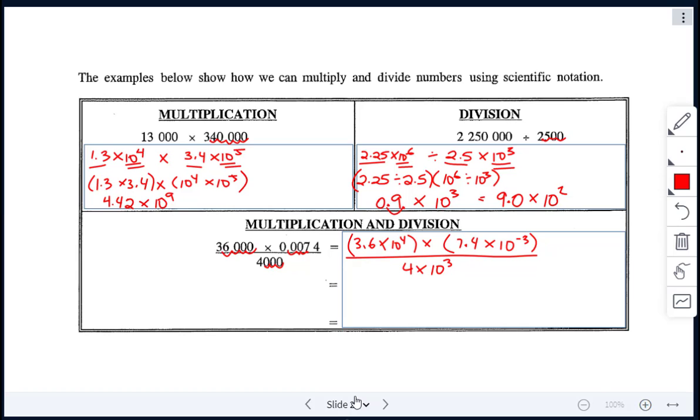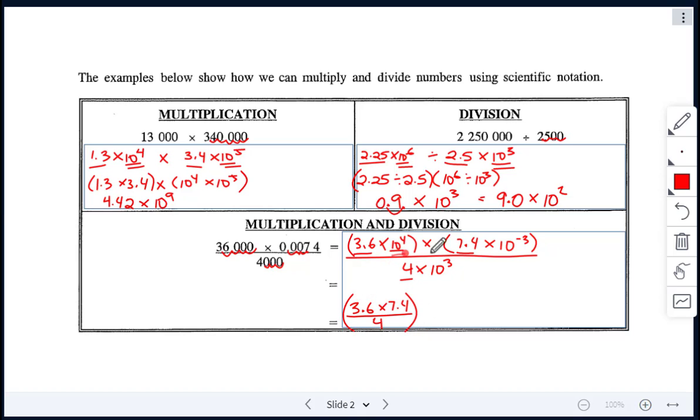All right, so what we're going to do next is take all our numbers. So we're going to take 3.6 times 7.4, and it's being divided by 4. I'll just put that in brackets.